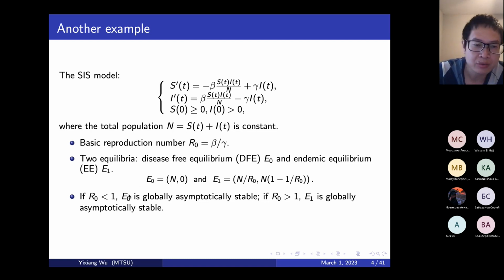Then we can show that for the model, if R0 is less than 1, the disease-free equilibrium is globally stable. If R0 is greater than 1, E1 is globally stable. Again, this means R0 less than 1, the disease goes away; greater than 1, it will persist.